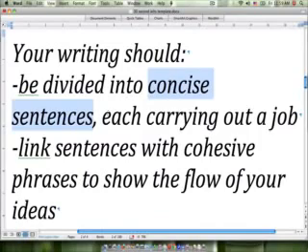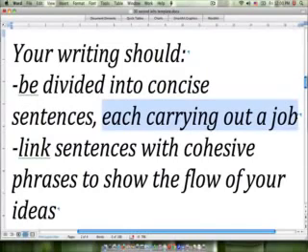Now you remember from my previous videos that each sentence has a particular job that it has to accomplish. Example sentences show your point in action. Discussion sentences show how your point links to the topic of your argument. Your thesis, the most important sentence in your argument essay.